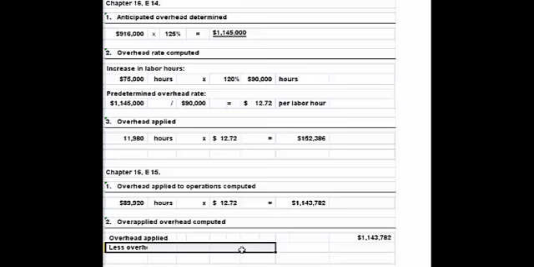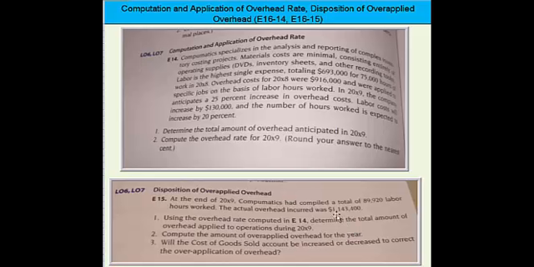Merge this. Less the overhead that was incurred, and the overhead incurred came from the problem where they said it was 1,143,400.